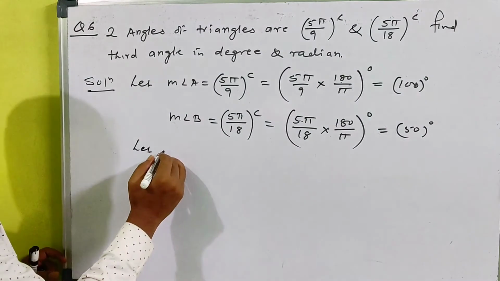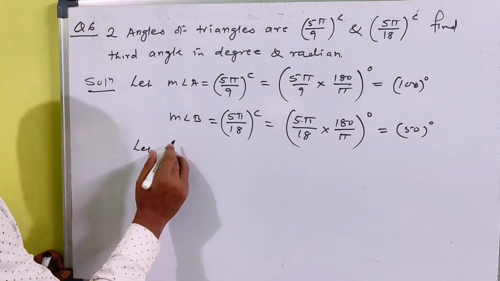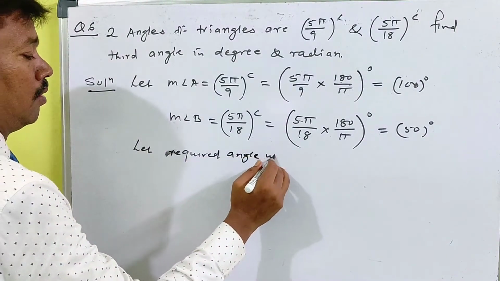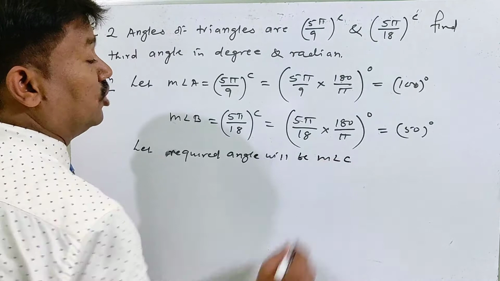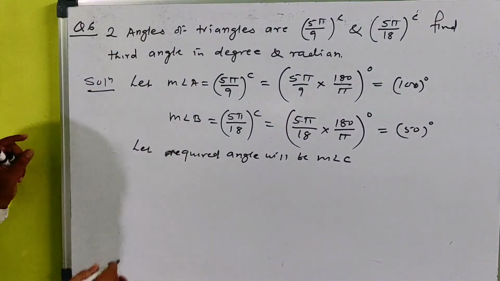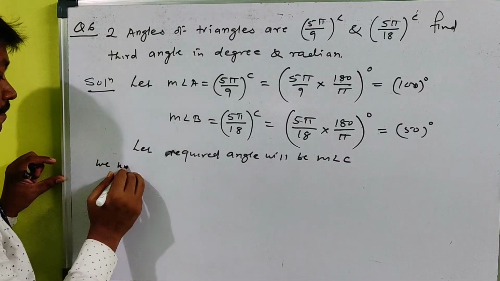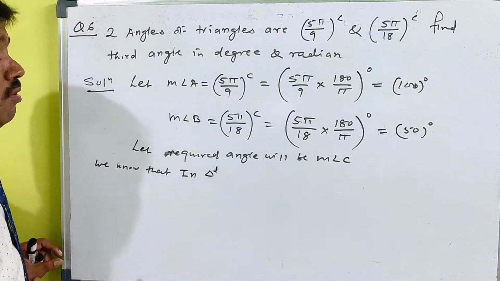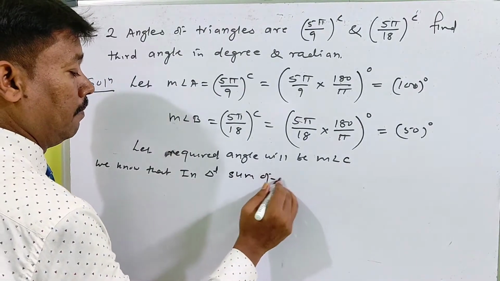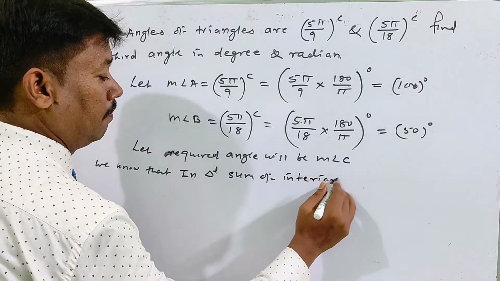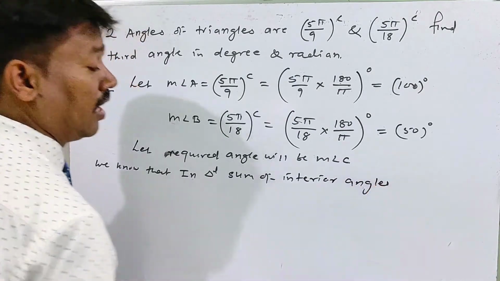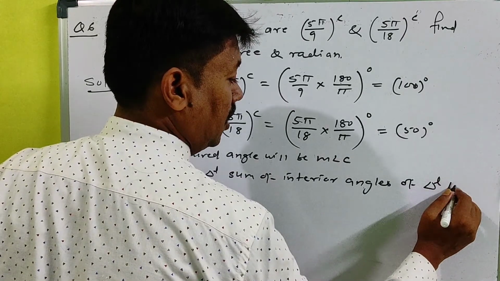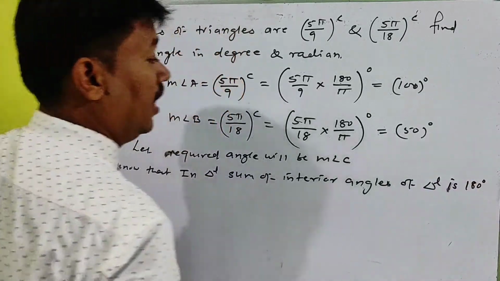Let another angle, the required angle, be angle C. So we know that in a triangle, the sum of interior angles of a triangle is 180.